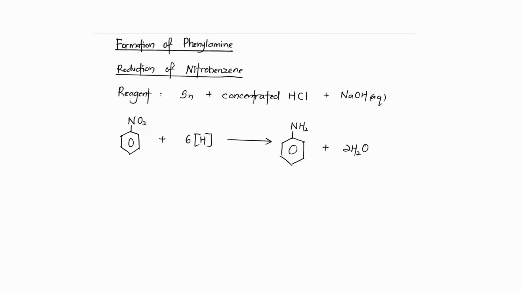Next is formation of aromatic amine, where we have phenylamine here. To get phenylamine, we could make use of nitrobenzene. Nitrobenzene will undergo reduction to give us phenylamine, where we have tin and concentrated HCl as the reducing agent.